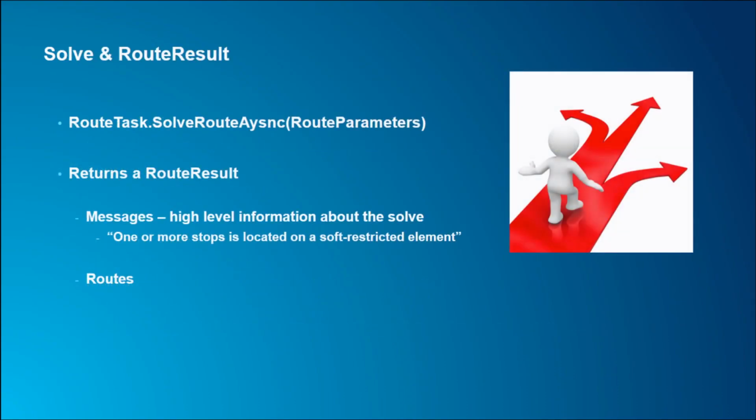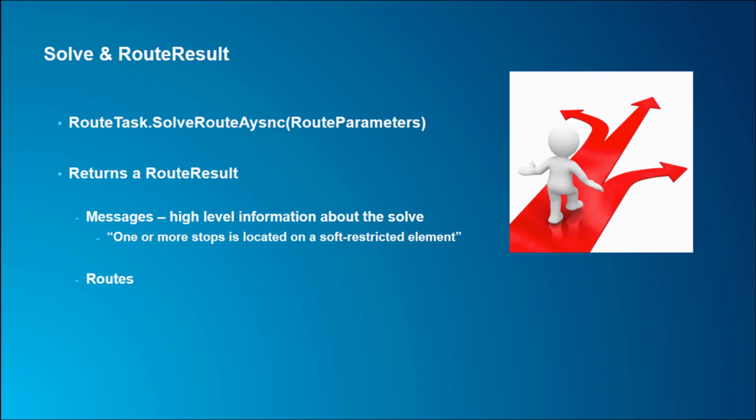So once you've created your route parameters object, you solve. The solve returns a route result, and one of the things that's part of that route result are messages. And this is like high-level information about how the solve happened. Something like, how the stops were located on the particular network elements.